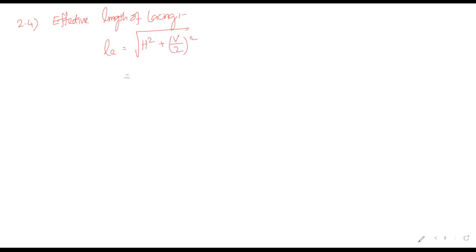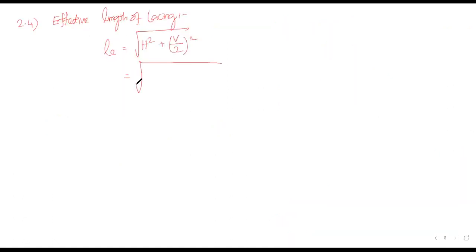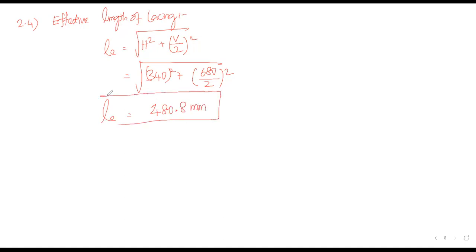I already represented this in the figure, from here to here, the inner side of the bolt. So root under 340 square plus (680 divided by 2) the whole square. So the answer becomes LE is equal to 480.8 mm is the effective length.